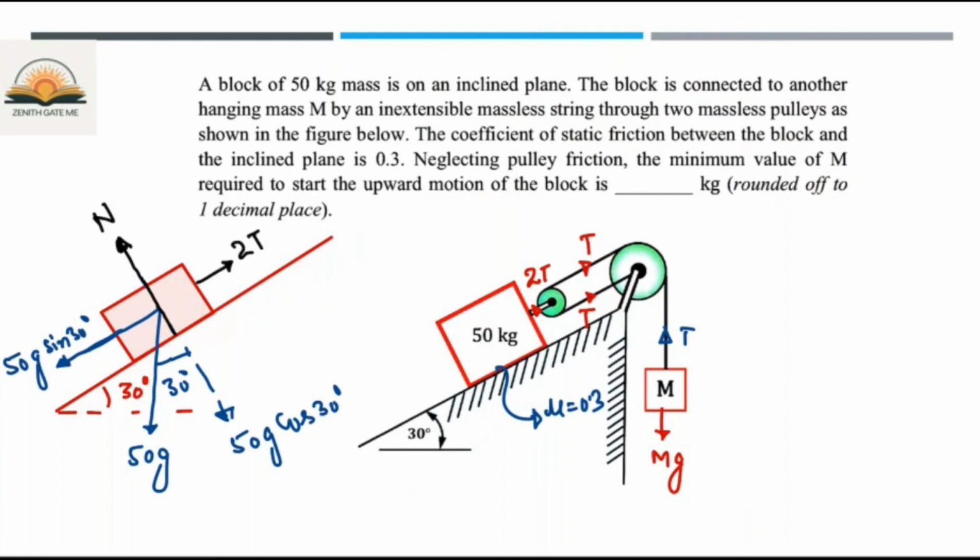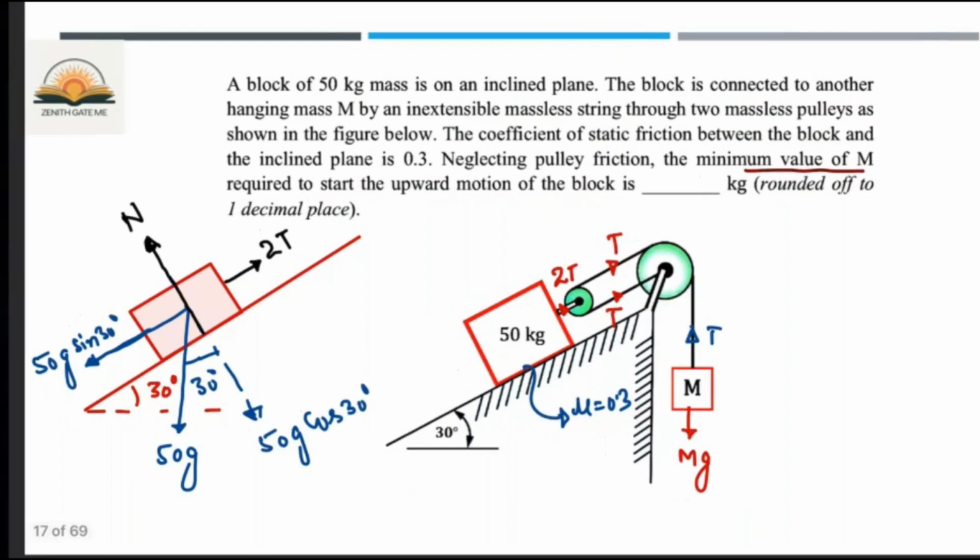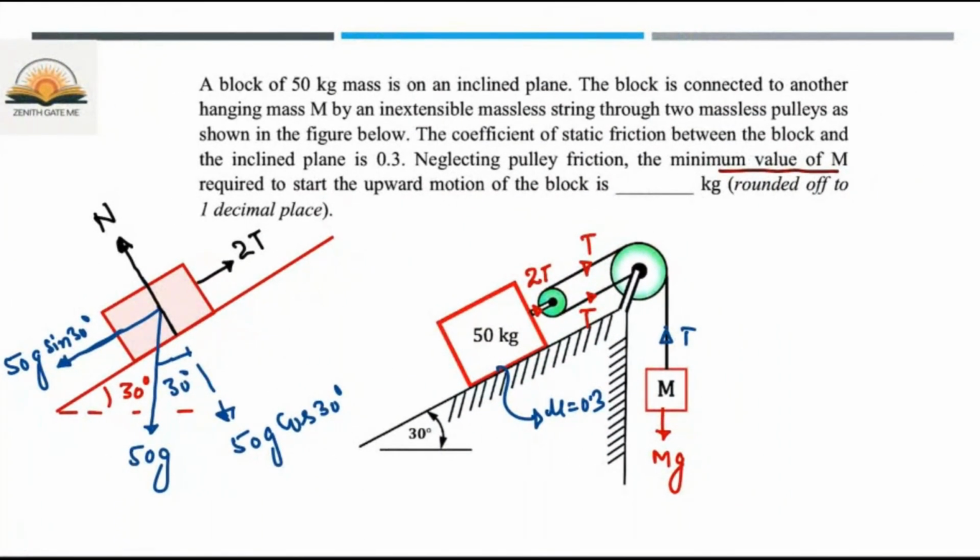Now, it is mentioned the minimum value of mass M which is required for the upward motion of the block. That means the block is trying to move in the upward direction, and there will be friction present, so the friction force will act in the downward direction.